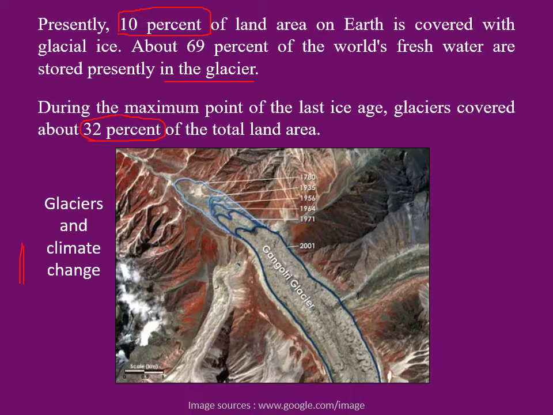Up to this blue line, this area is covered with continuous ice cover. Now, if you look at the successive lines, you will see the successive older edges up to which there was Gangotri Glacier. In the 1780s, Gangotri Glacier was up to this level. In 1956, Gangotri Glacier was up to this level.